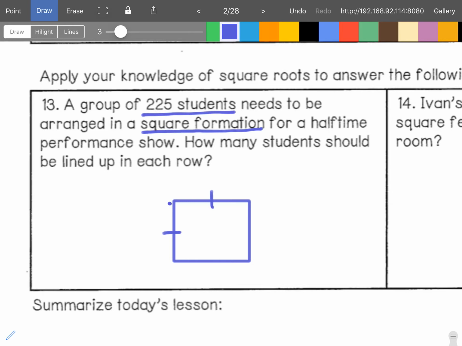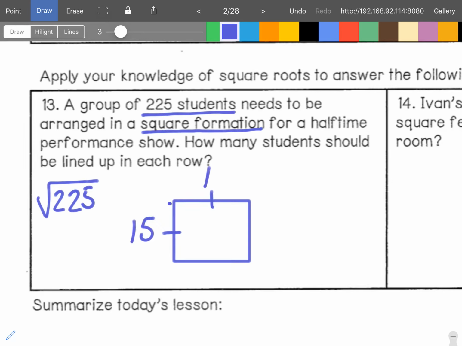And so all the way around it's the same. So basically you're trying to figure out the square root of 225 because you've got to have the same number for the length and the width. So what times itself is 225?